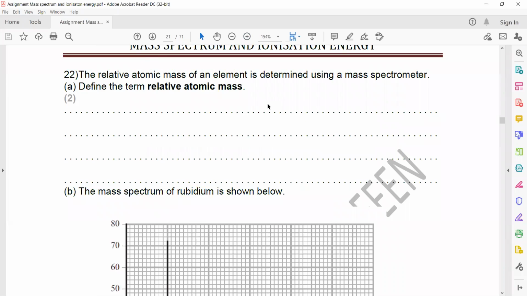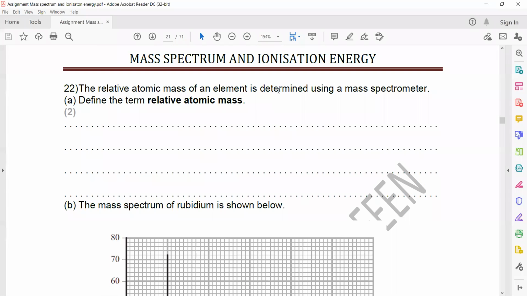Question 22. The relative atomic mass of an element is determined by using a mass spectrometer. Define the term relative atomic mass.